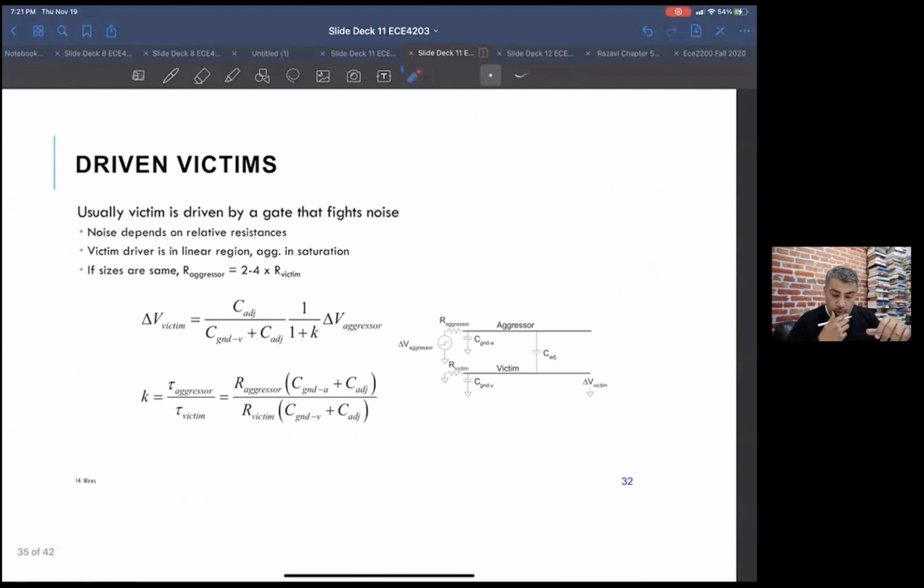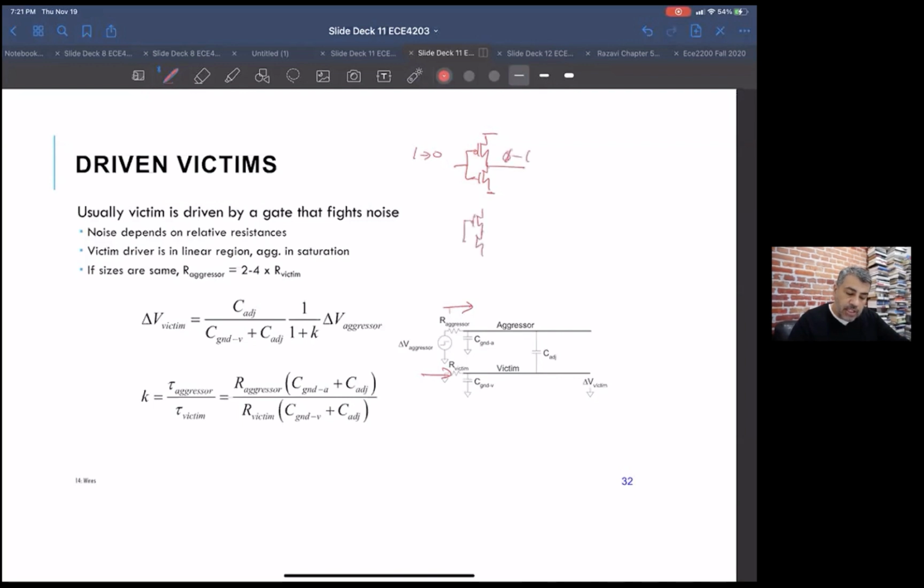Okay, so fortunately, in a more typical situation, like in a bus, both the lines, even the line that's not switching, so both the aggressor and the line that's not switching, are essentially being driven. Because remember, here's the line that is, say, going from 1 to 0 at the input, and the output is going from 0 to 1.